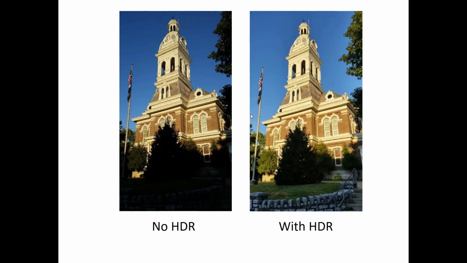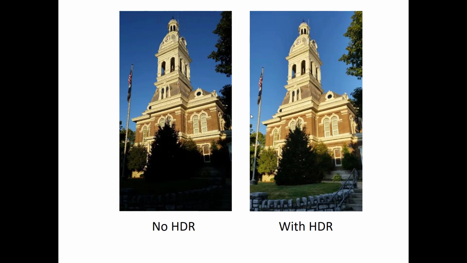Now with HDR photography, back when it was manual, you'd have to take 3 or 4 or 5 pictures of that scene, exposing for the front part of the image, the midtones, and the brightest part, and then you'd have to merge them together. The smartphone does this automatically without any adjustments from you. Again, I'm standing at the same place.